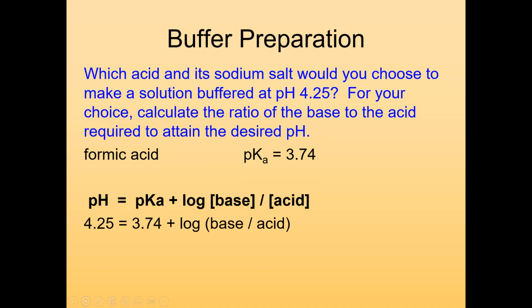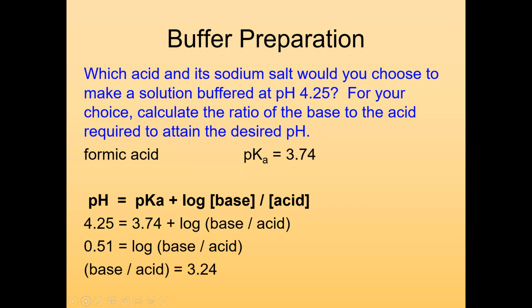So you can replace that base to acid ratio with X. So we would subtract the 3.74 on both sides. And then to get rid of log, we need to do the anti-log, which is 10 raised to the power. And that tells us that our base to acid ratio needs to be 3.24.